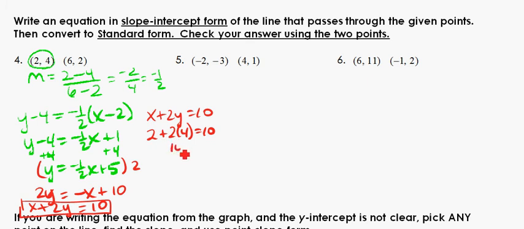Here we get 2 plus 8, which is 10, equals 10. So that point works. We can simply check with 6, 2, with our x value being 6, 2 times our y value, which is 2, equals 10. 6 plus 4 is 10. So again, a quick check to make sure that we have the correct form.